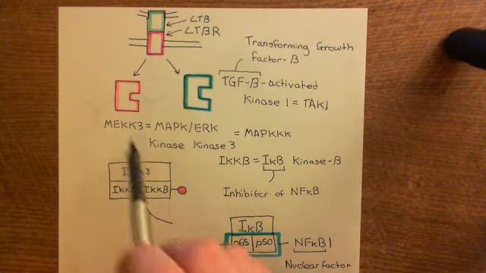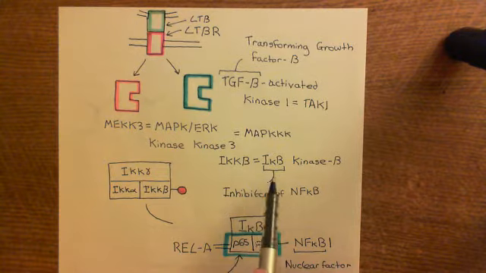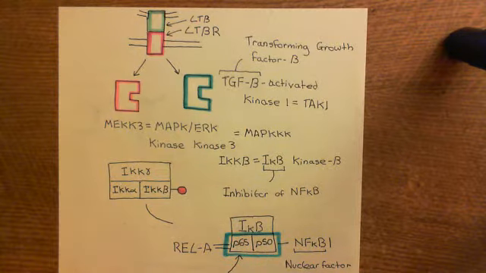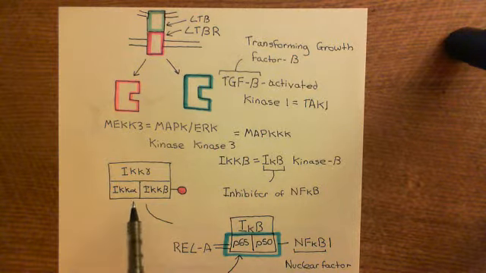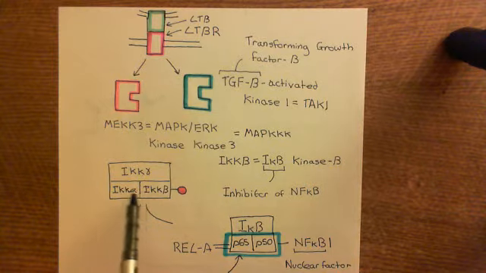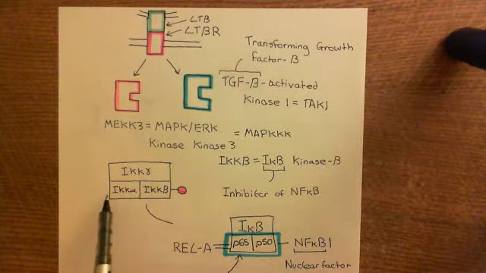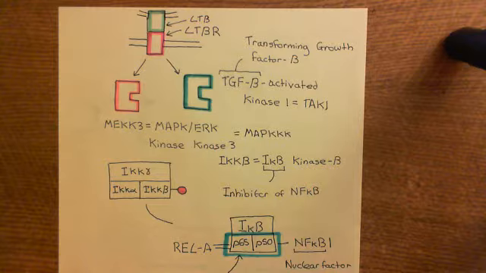And these two enzymes will phosphorylate the IKK beta, standing for the inhibitor of NF-kappa B kinase beta. And that will activate this enzyme complex, which consists of the inhibitor of NF-kappa B kinase beta, the inhibitor of NF-kappa B kinase gamma, the inhibitor of NF-kappa B kinase alpha, all of those together.